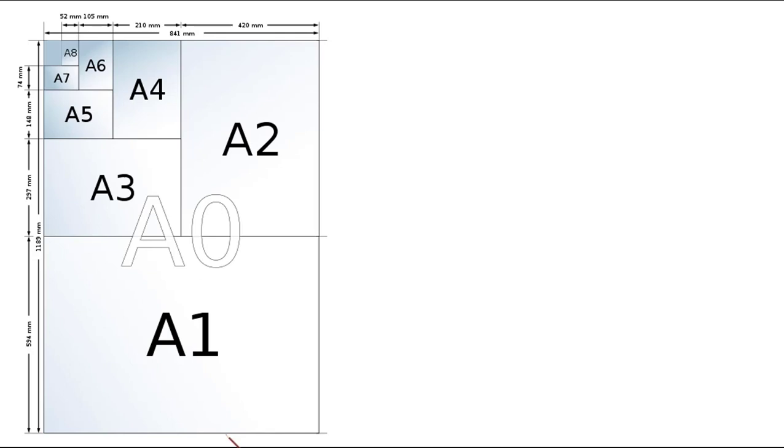Similarly, this is the length of the A1 size paper, this is the breadth, and if you divide the A1 size paper lengthwise into two equal halves, you get the A2 size paper.